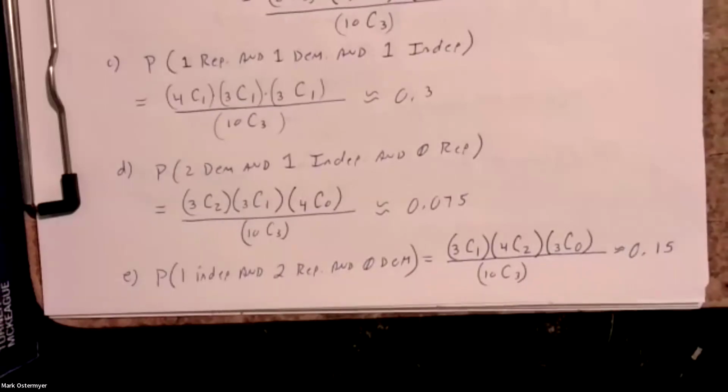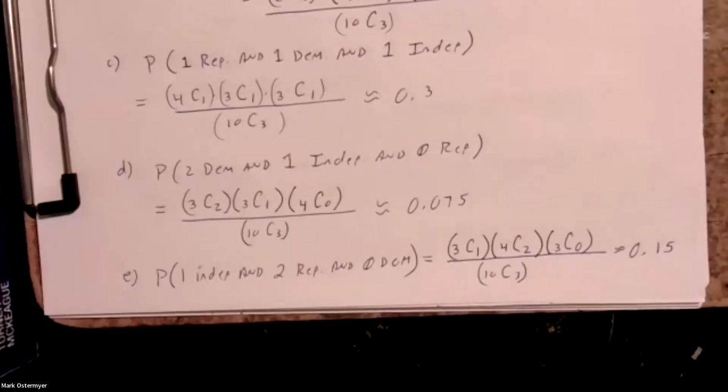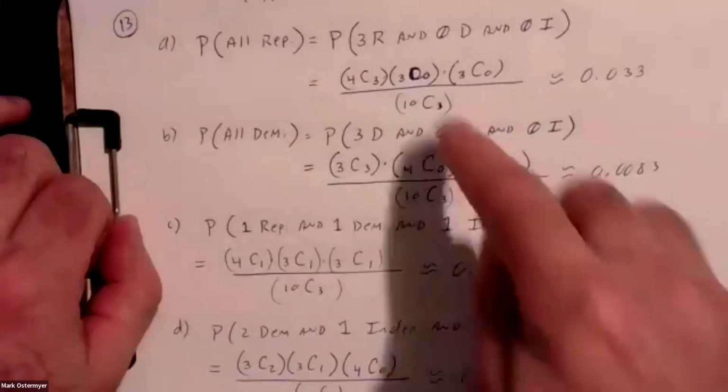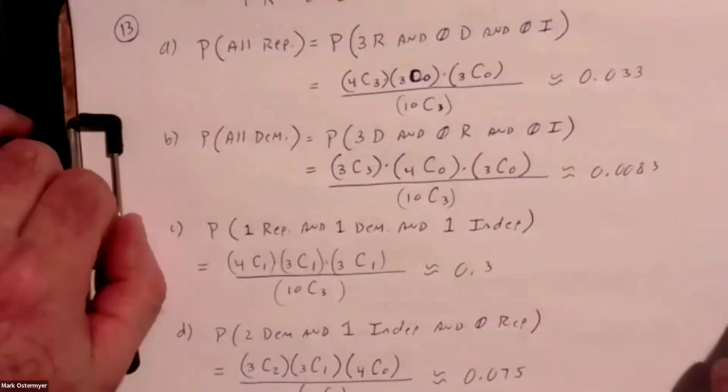Anybody get that last one? Yep. All right, so ladies and gentlemen, it looks like there's a common theme with all these problems here. We keep using the combination function to compute these probabilities, and the denominator never changes. The denominator seems to always remain the same.